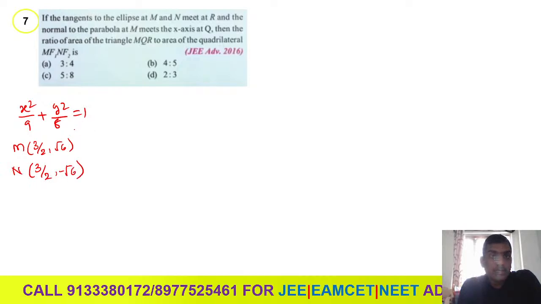Both meet at R and the normal to the parabola at M meets the x-axis at Q, and the ratio of area of triangle MQR to the area of quadrilateral MF1NF2. Okay, tangents to the ellipse at M and N meet at R. So here we can draw the figure.